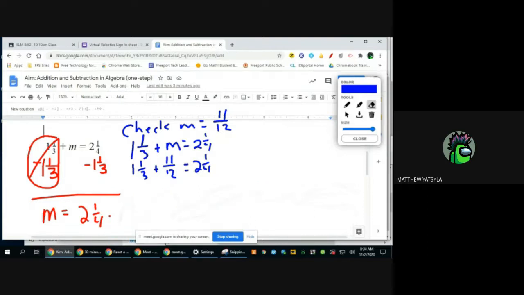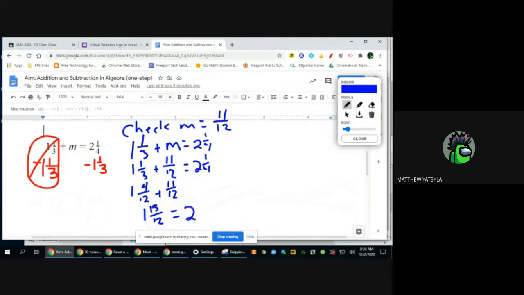Now, normally you wouldn't erase your work, but because I'm working on a computer screen, we have a little bit less space. This would get us 1 4/12 plus 11/12, which would get us 1 15/12. 1 15/12, we take 12 away from 15, we get another whole, which gets us 2 3/12, which is 2 1/4. So we did all this work here, equals 2 1/4, equals 2 1/4, and we're correct.